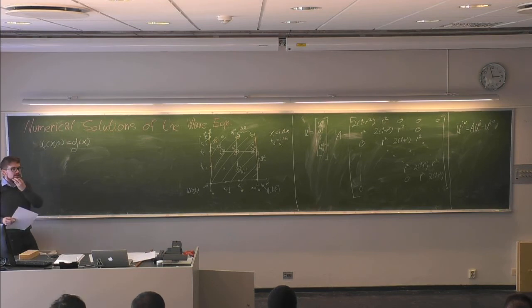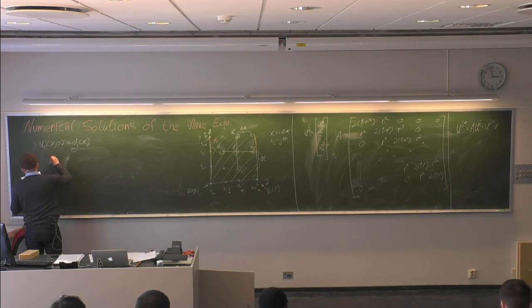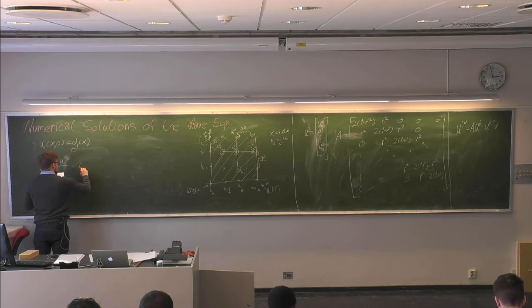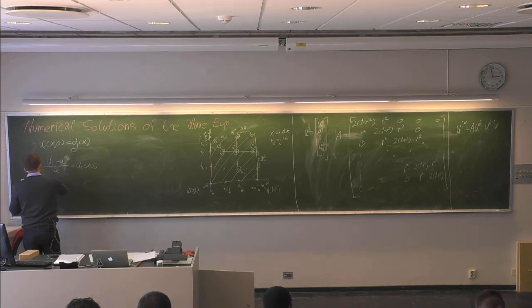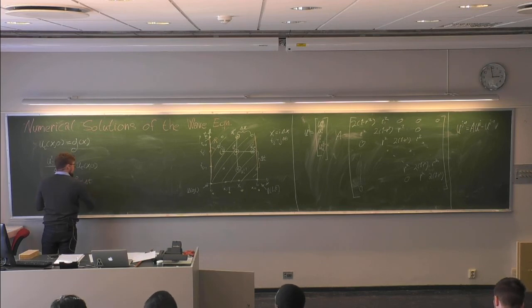This is just the one-time derivative, so we can basically replace this: (u_{i,1} − u_{i,0})/Δt = g, which means that u_{i,1} = u_{i,0} + Δt g(x).